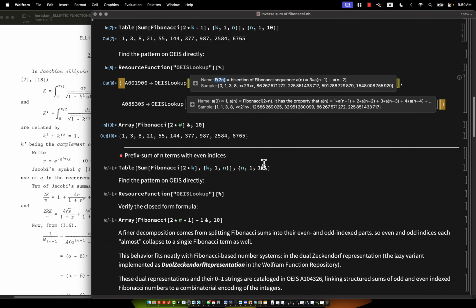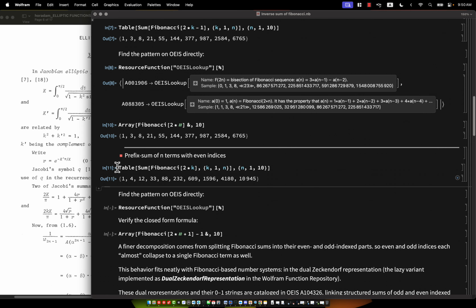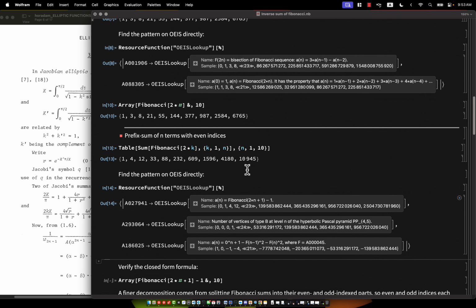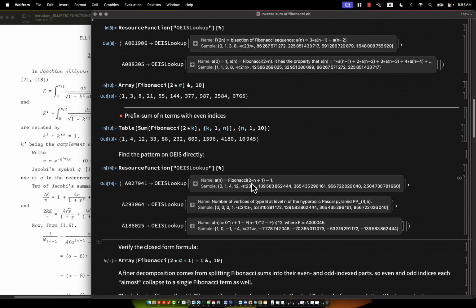And we can do the same thing for n only choosing even terms. We solve that and use the same functions that connect to OEIS and check if we have that. And we do have a couple of them, but if you take a look at these, they are almost the same, the only difference is the leading terms.